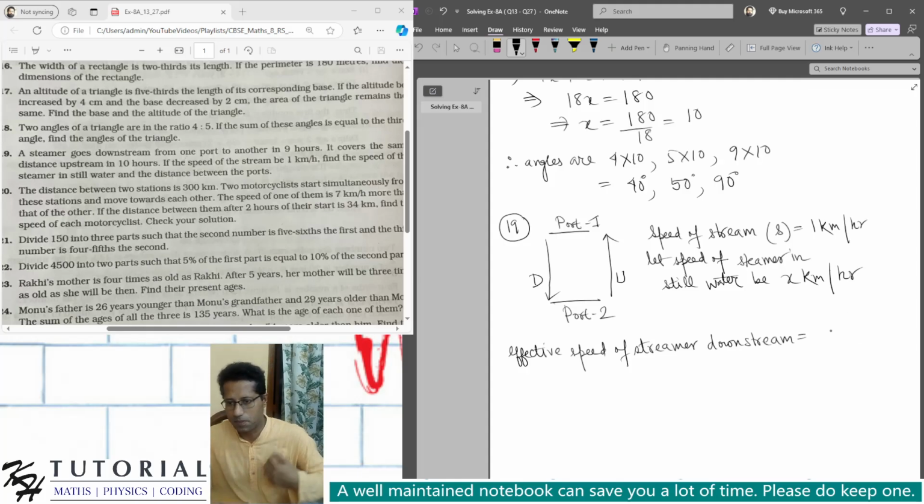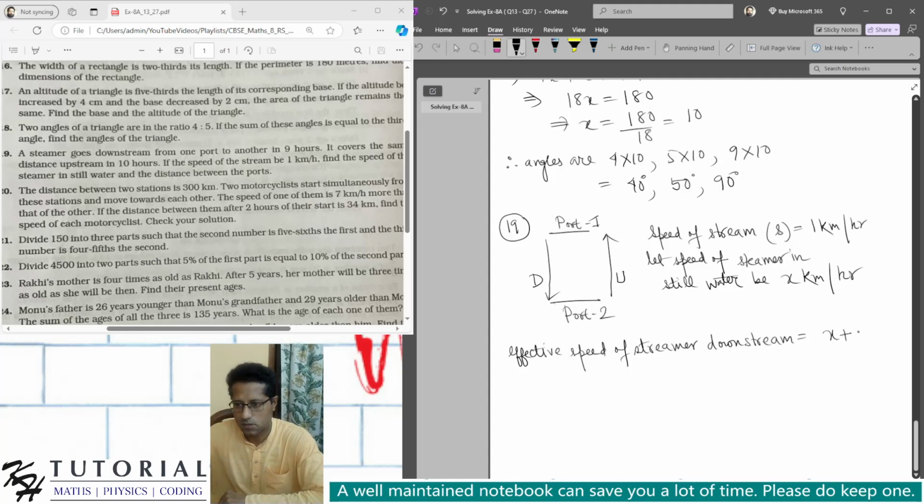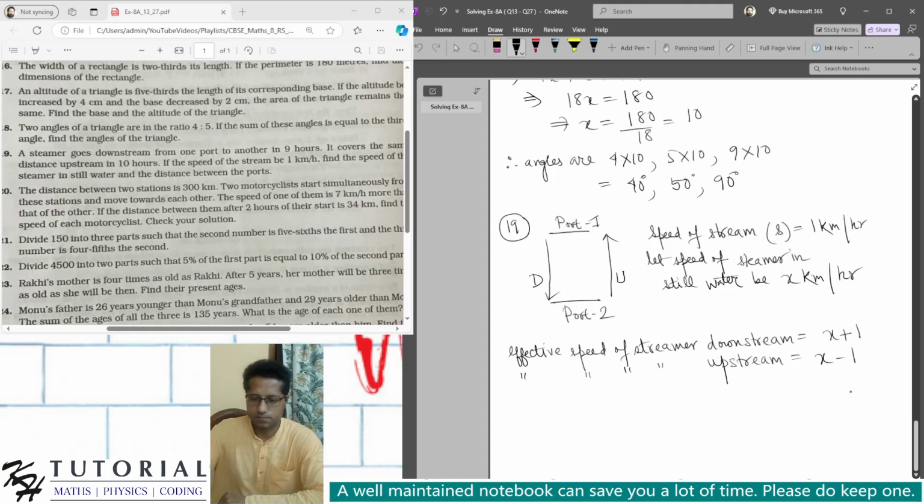So the effective speed of the steamer downstream will be x plus 1. Similarly, the effective speed of the steamer upstream, that is when it is moving against the stream, will be x minus 1, because the speed of the stream is 1 kilometer per hour.